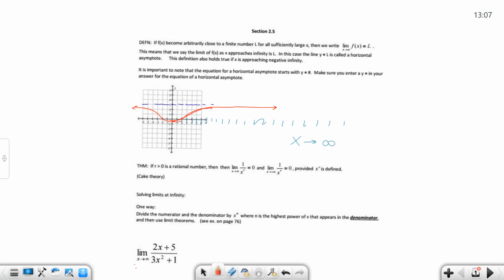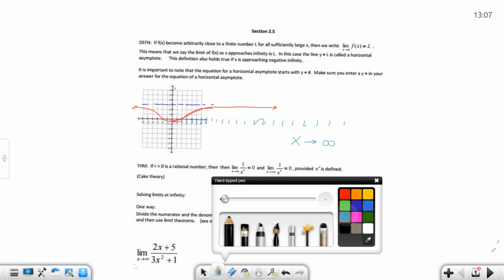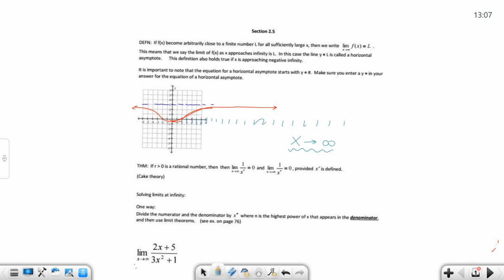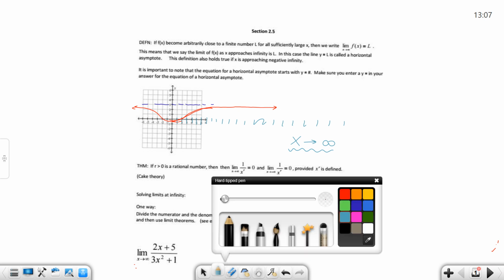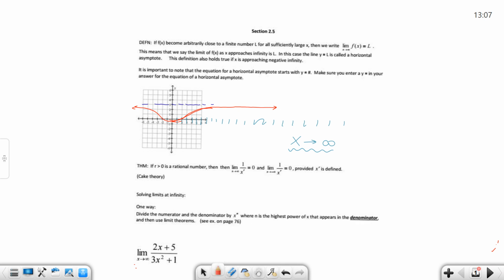So one of the things I want to point out is we are looking at when x is approaching infinity. That's important. For this whole section, we're going to be looking for where x approaches infinity or negative infinity. The other thing I want to point out from your notes is that your horizontal asymptote is a y equals equation.